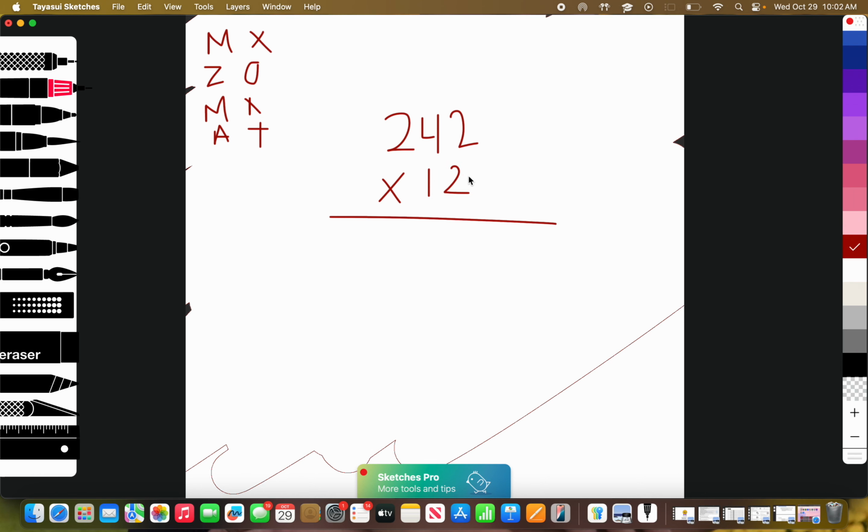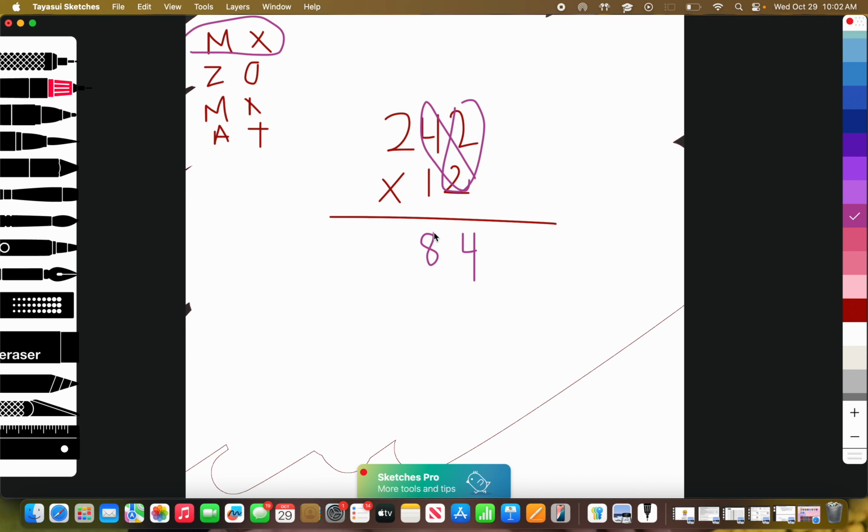Again, we're going to start with the first step, which is to multiply. 2 por 2, 2 times 2, igual a 4. 2 por 4 igual a 8. 2 por 2 es igual a 4.